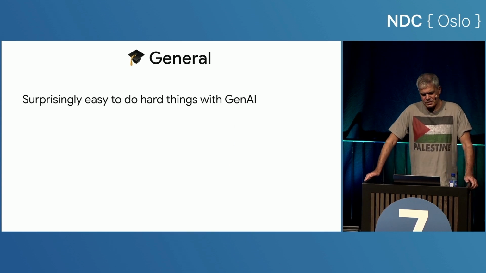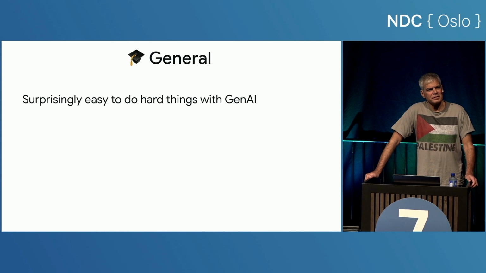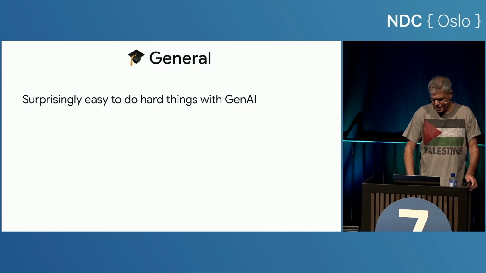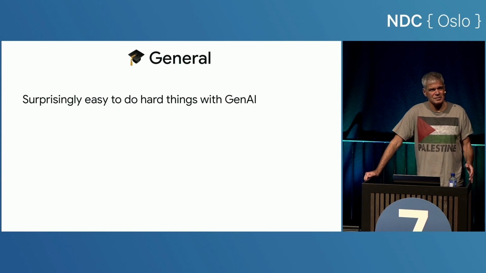So I'll start with a couple of general things. One is it's surprisingly easy to do what used to be hard with GenAI. I guess the language capability is an example of that. I've been developing applications since I started my career in 1982, so a little over 4 decades.